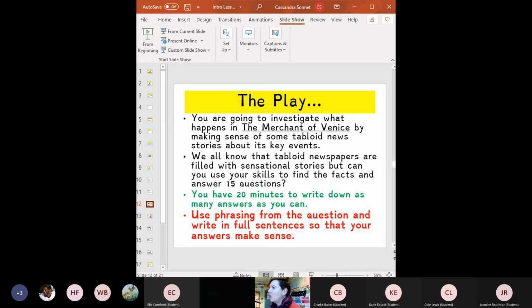What did anyone learn about William Shakespeare? Can you remember something about William Shakespeare? He's dead. He was born in 1564. I did not know that. He did have twins. Hamnet and I can't remember the other, but Hamnet died.